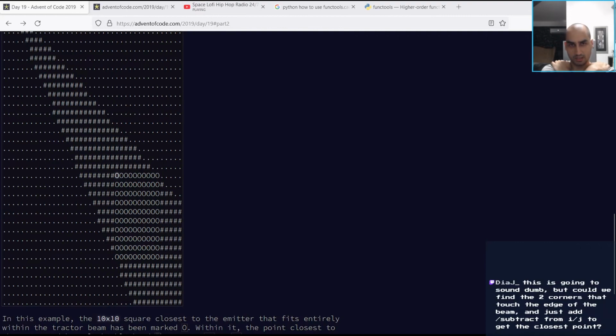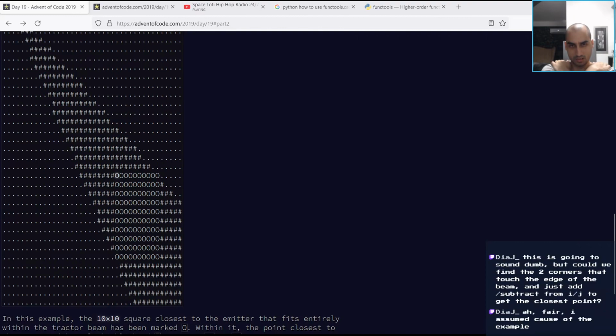That won't always be the case. Yeah, the example is very simplified. This example really doesn't illustrate what it might look like. I think we might have a really wonky angle for this beam.